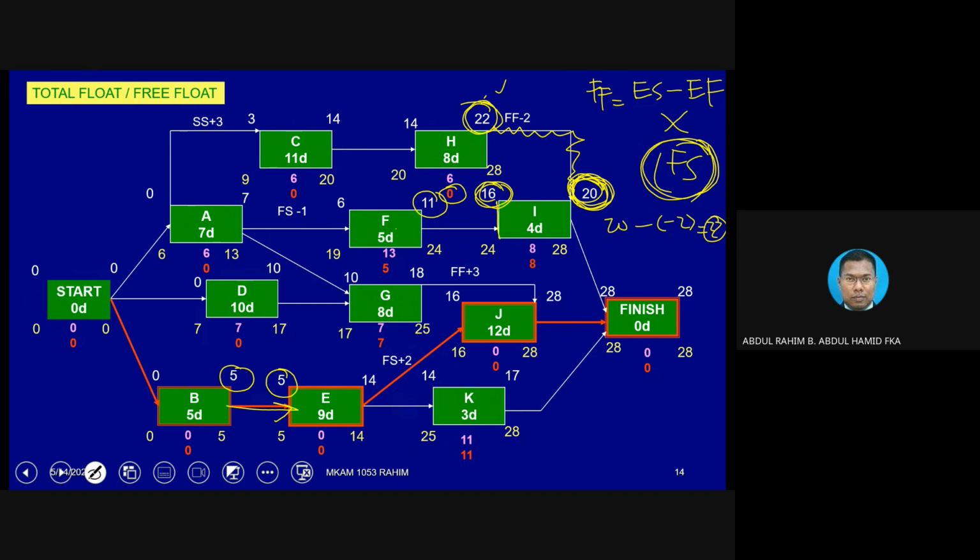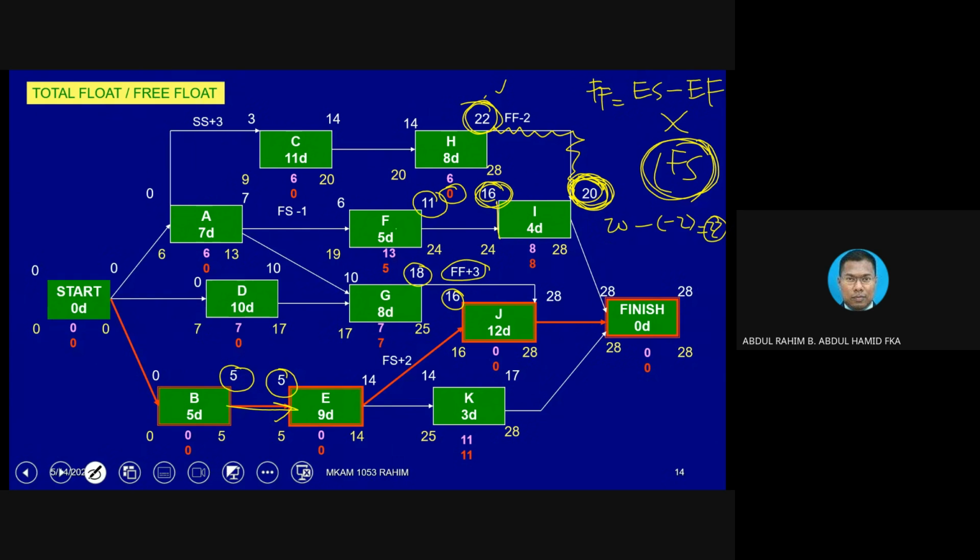Okay, now let's take another example, G and J. Is it the same concept? It is the same concept. How do you calculate free float? You cannot compare directly like 16 and 18, because the relationship is finish to finish.